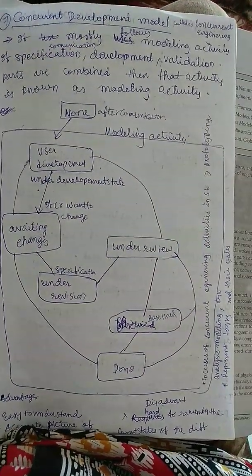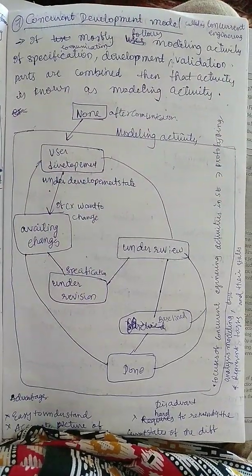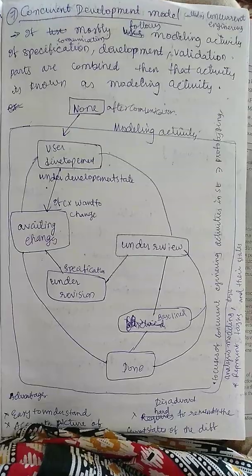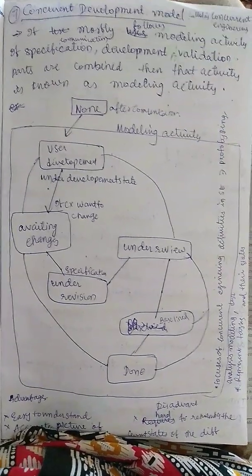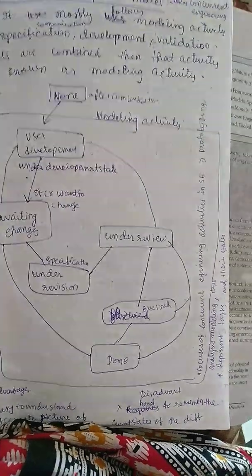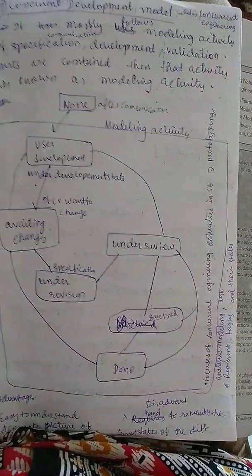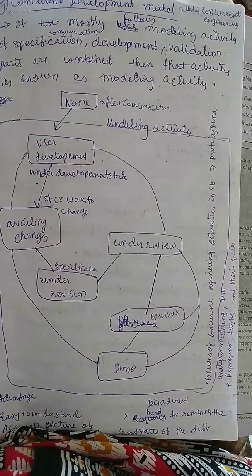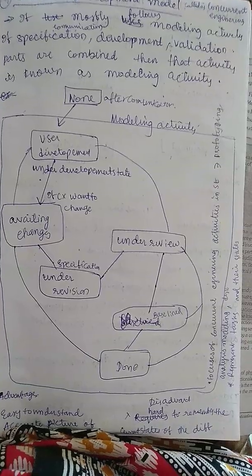They are prototyping, which you have already read in the previous process. Prototyping means what the customer needs, we have to give to him. And then analyzing, modeling, and then distribution. These all come under concurrent engineering activities.